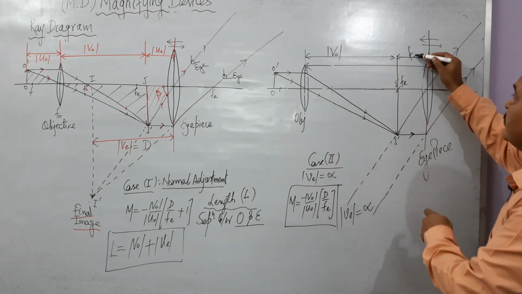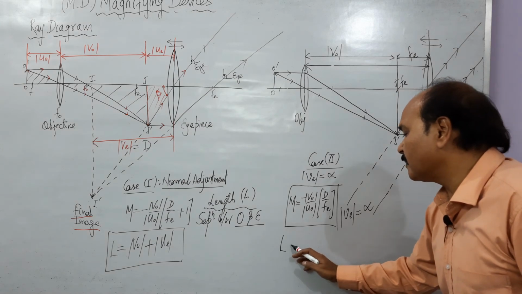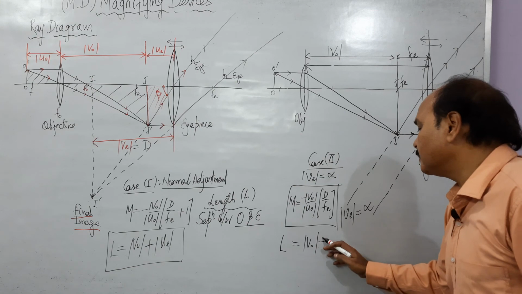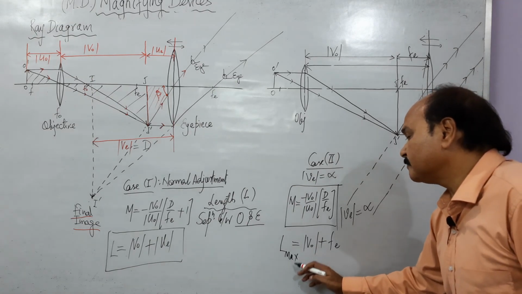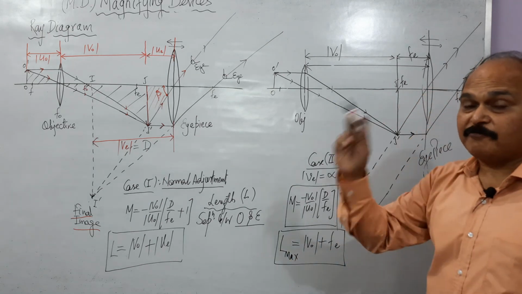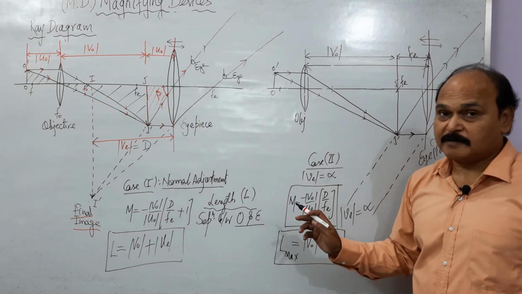So this is fe. So the length in this particular case is v naught plus fe. And remember children, this length is maximum. So the length of the microscope is maximum when the final image is seen at infinity. So this length is very important.